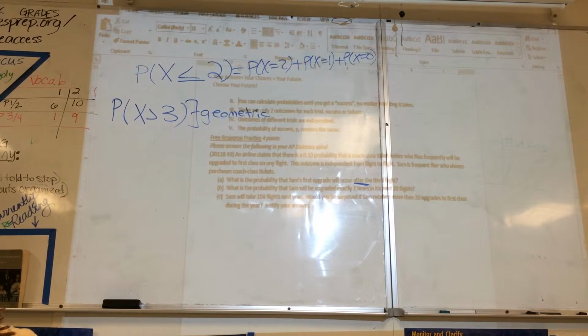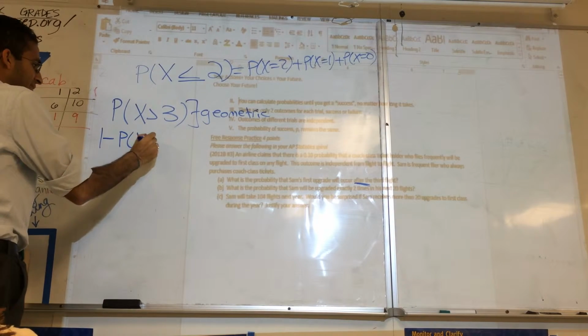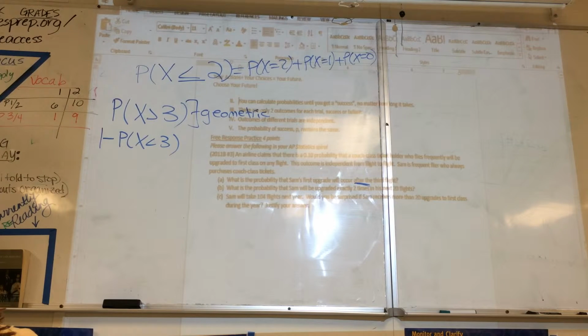So you want the probability that x is bigger than 3, which means the probability that x equals 4, 5, 6, 7, 8, 9, 10, 11, 12, and so on. It's much easier to think about it as 1 minus the probability x is less than or equal to 3. This is a much easier problem to solve.